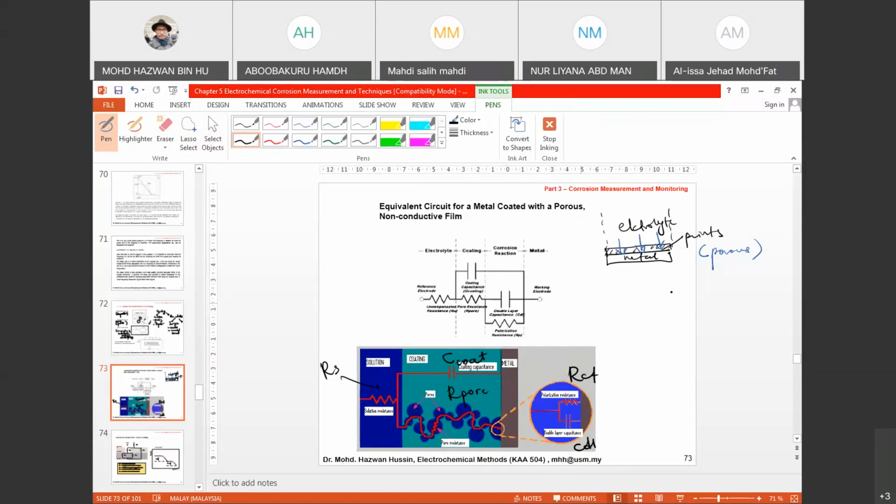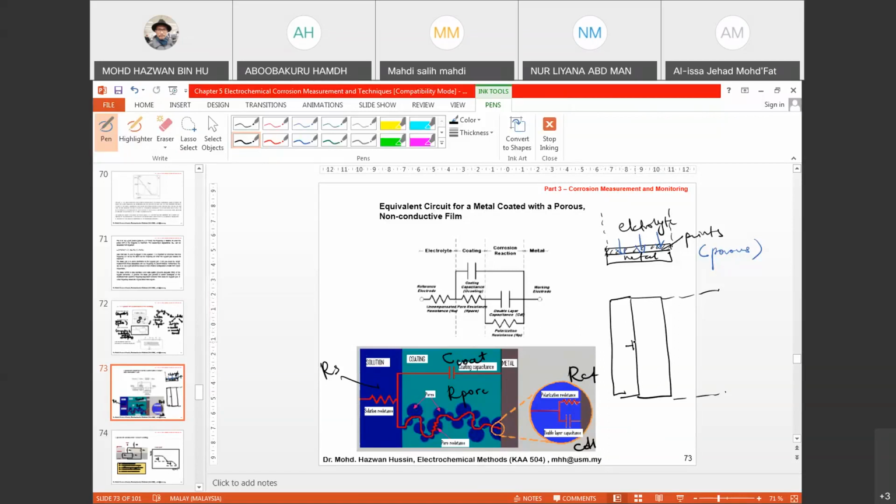So if you actually draw the equivalent circuit, imagine that this here is your electrolyte.